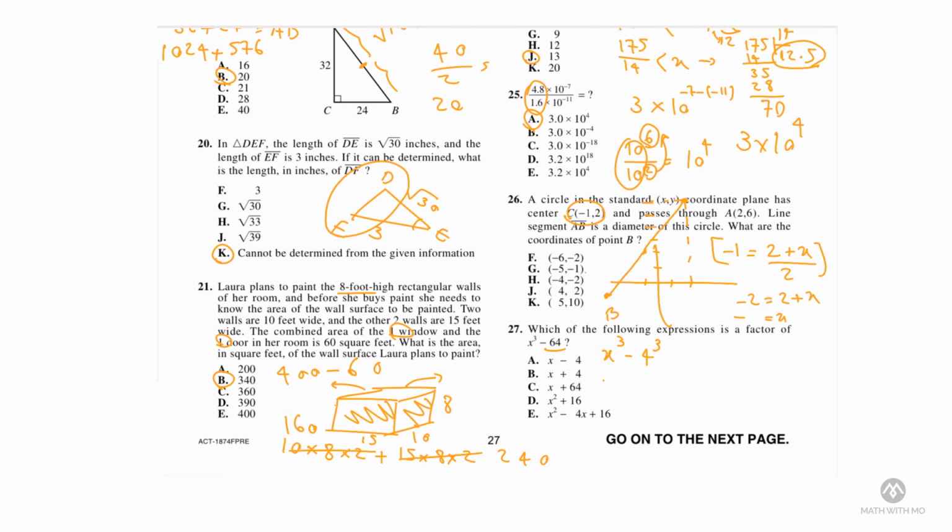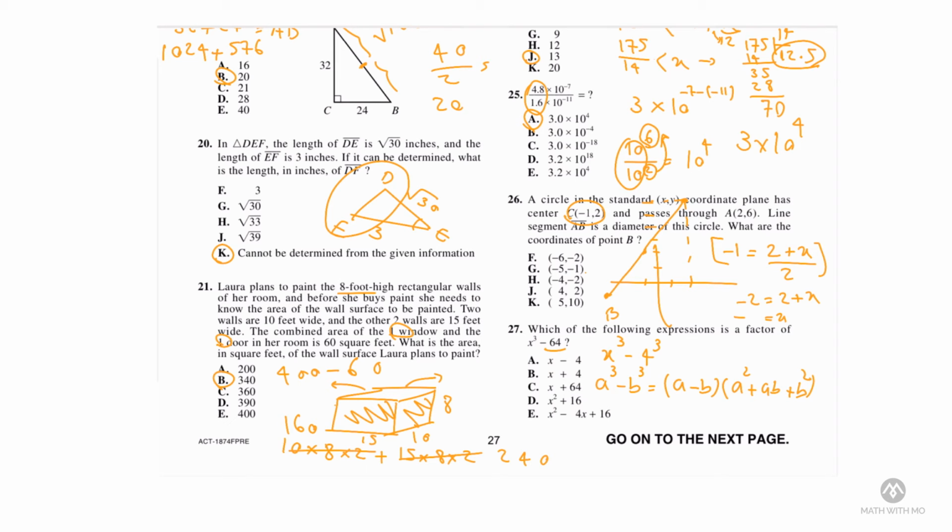Now, as a general rule, when you have a difference of cube, let's say a cubed minus b cubed, when you factor it, the answer is a minus b times a squared plus ab plus b squared.